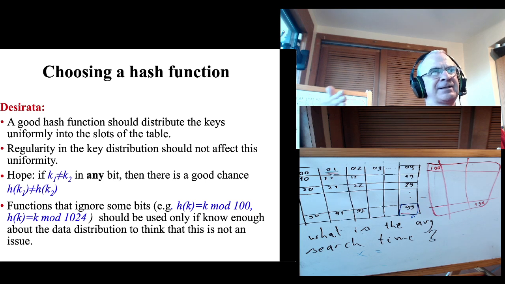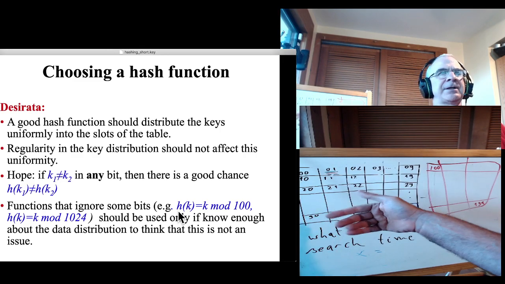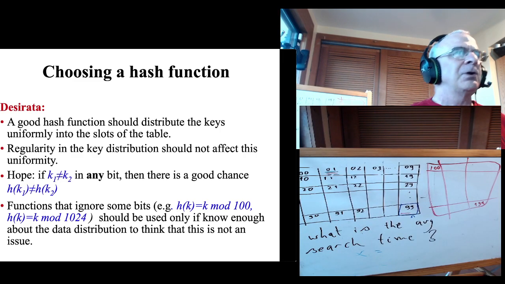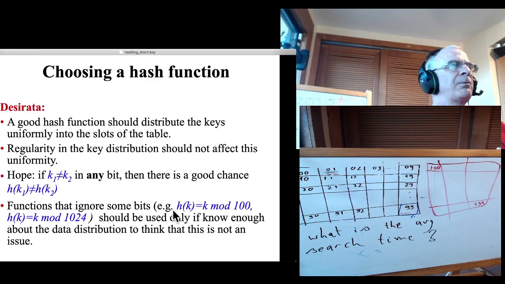If on the other hand, the last digit is some control number that is, say, 5 or 0, depending on whether you came this year or that year, then of course it's a terrible distribution, and once you notice it, you probably want to pick a different hash function. However, if you don't know anything about the data, maybe looking at k mod 100 is a bad idea.